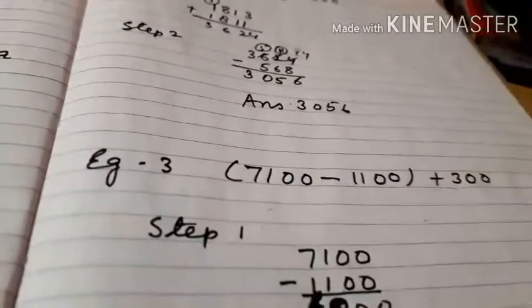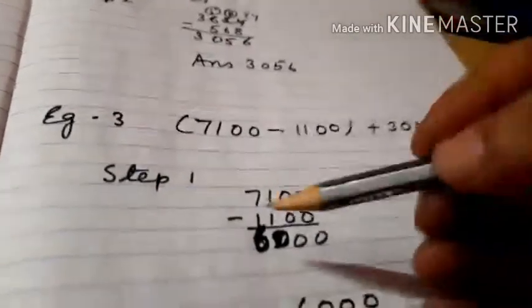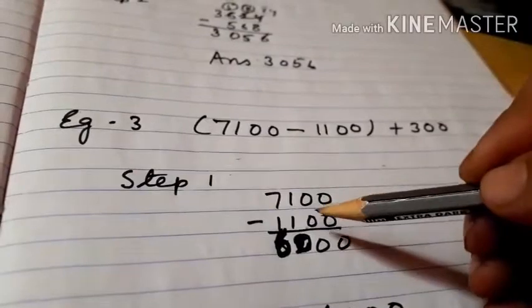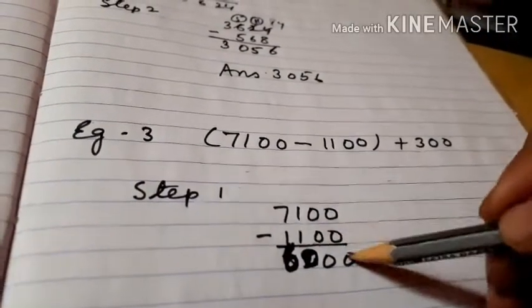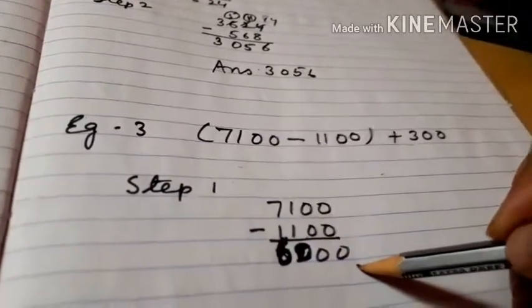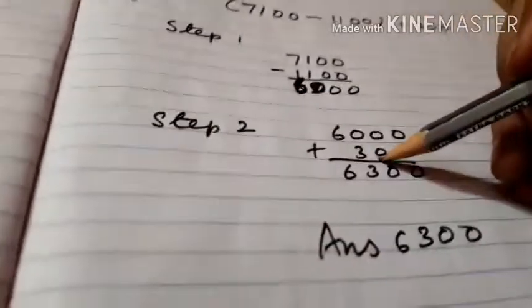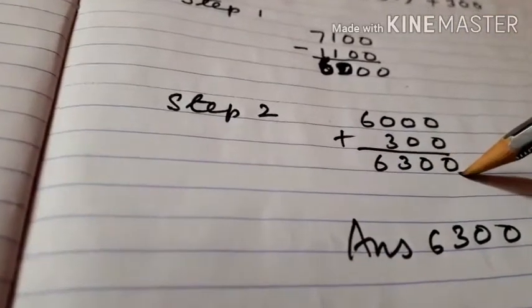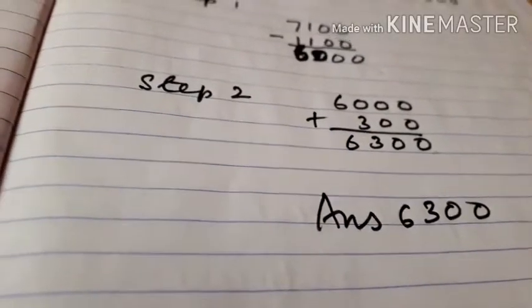So we will subtract 1100 from 7100. When we subtract 1100 from 7100, what do we get? 7 minus 1, 6. We get 6000. Then 6000 will be added to this 300, and 6000 plus 300 is 6300. So our answer is 6300.